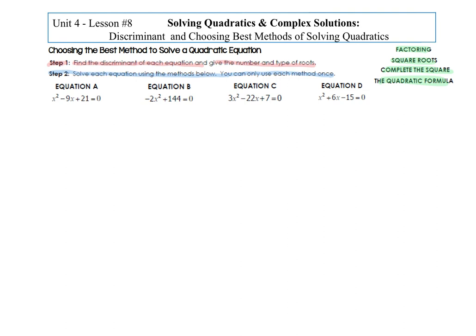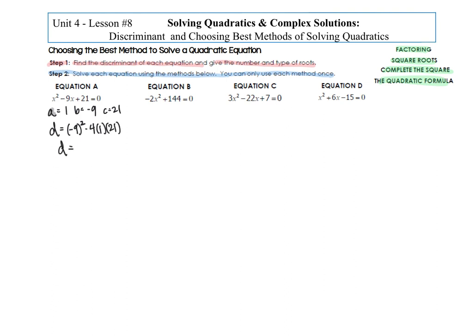On equation A, we have x squared minus 9x plus 21. Our A value is 1, our B value is negative 9, and our C value is 21. We find the discriminant first: negative 9 squared minus 4 times 1 times 21.